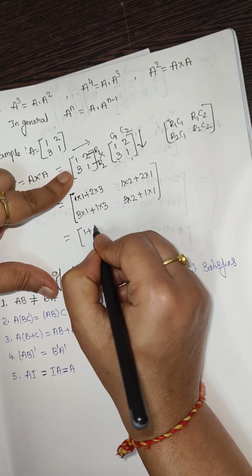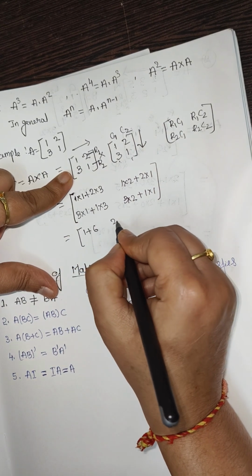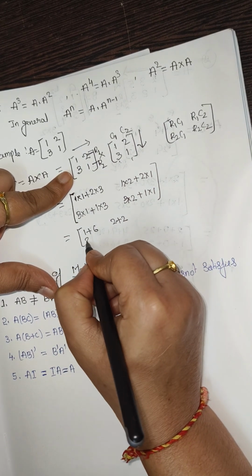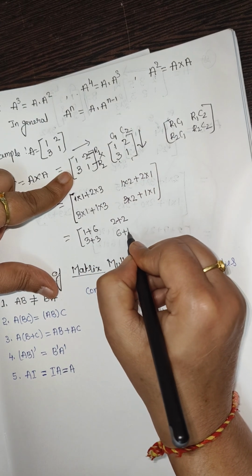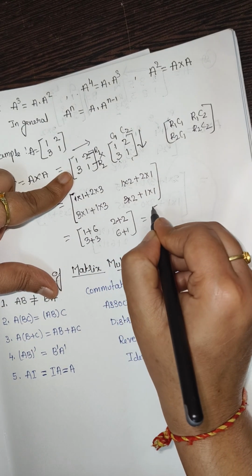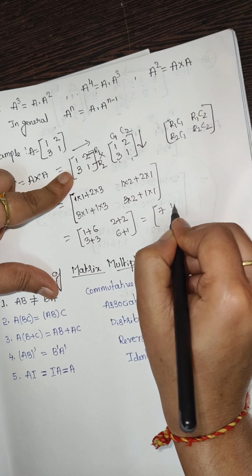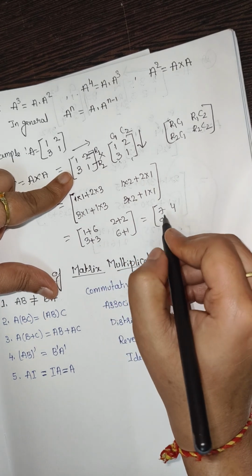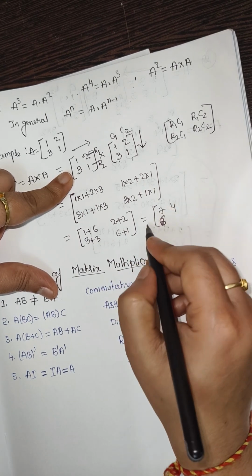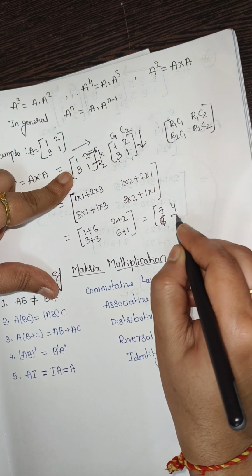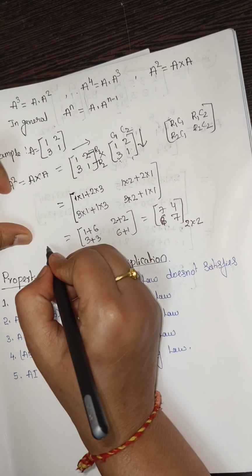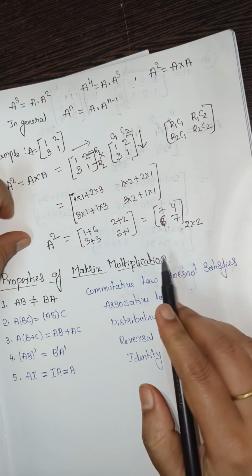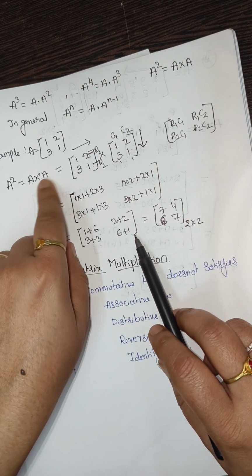That gives 1 plus 6, 2 plus 2, 3 plus 3, 6 plus 1. So it's 7, 4, 6, 7. The resultant matrix is also 2 by 2. It's A square.